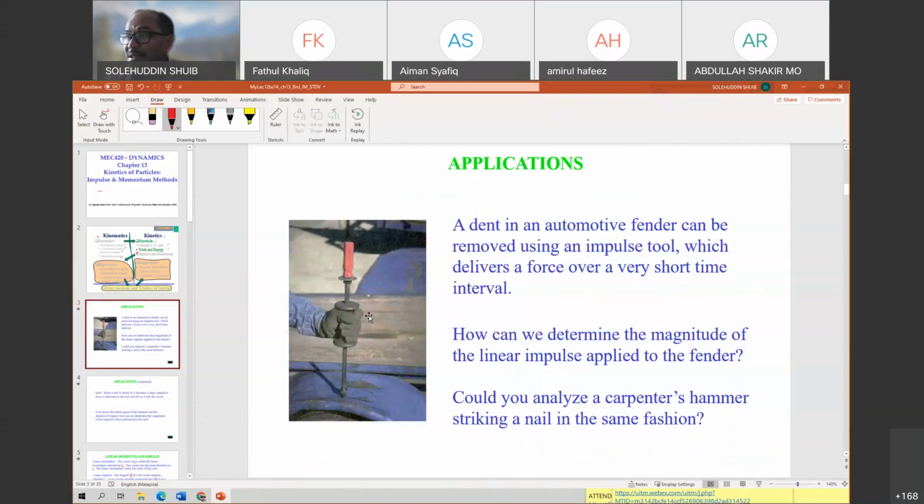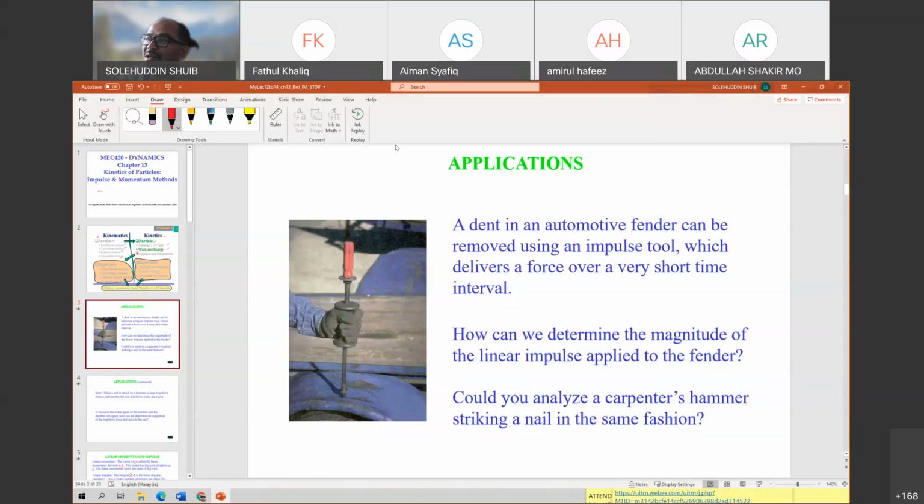As for the applications, where we can apply this concept, maybe if you are exposed to this experience, we talk about the automotive industry. This is an automotive fender, which can be removed by using impulsive tools. These impulsive tools deliver a force over a very short time interval.